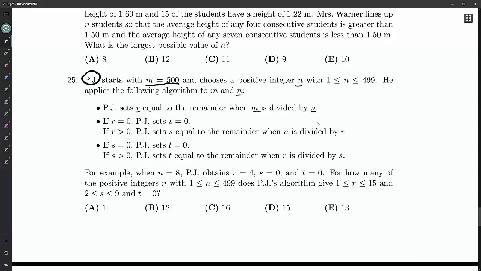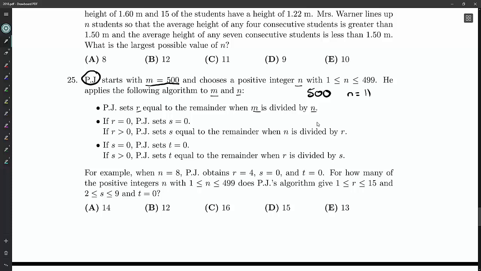Is this just going to be the Euclidean algorithm or something? Okay, so he does that, gets the remainder. Let's pick n is 11, just as a little side thing.